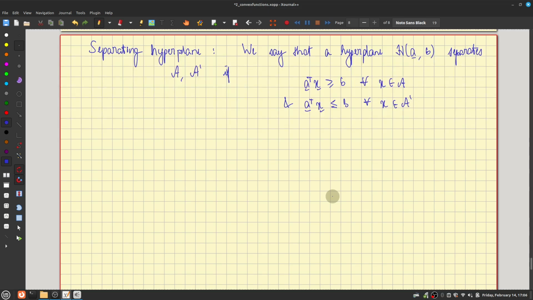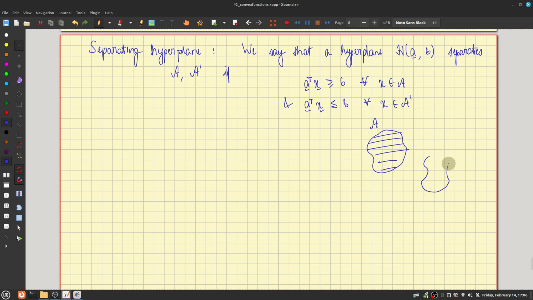So this is pretty intuitive. If I take two sets, if this is my set A and this is my set A prime, I can construct a hyperplane that separates A and A prime.